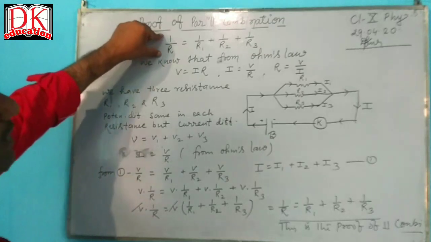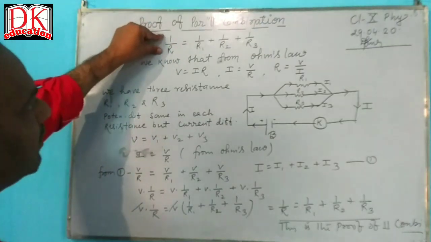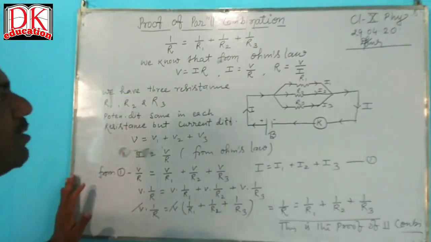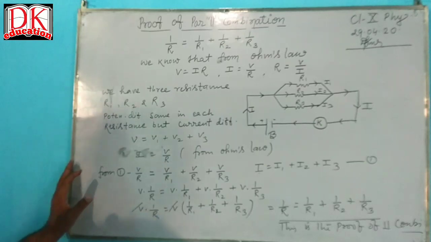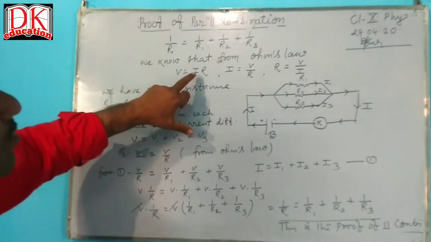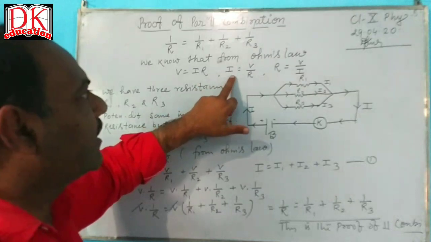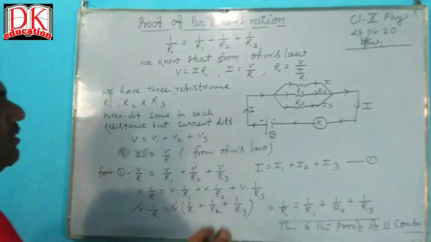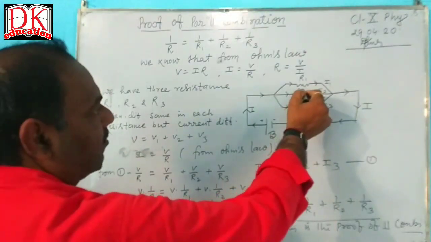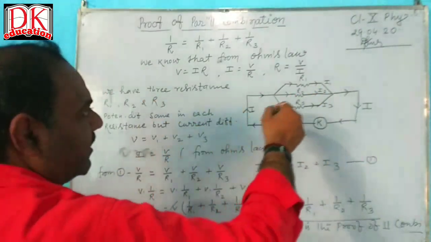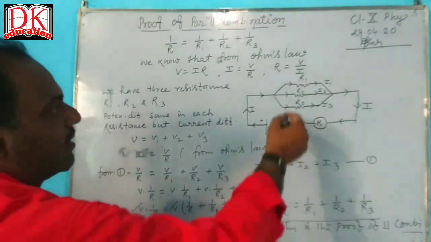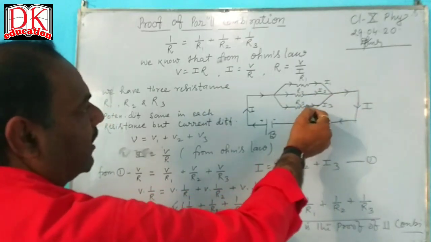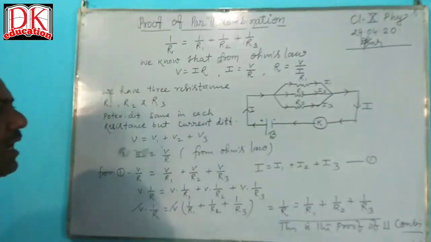In this chapter, we already know about R, V and I; we studied these three quantities in the previous class. From V is equal to IR, we can take I is equal to V by R and R is equal to V by I. After that, we have three resistances R1, R2 and R3, and the current passes through R1 as I1, through R2 as I2 and through R3 as I3.